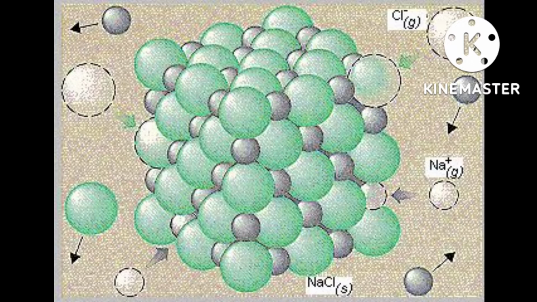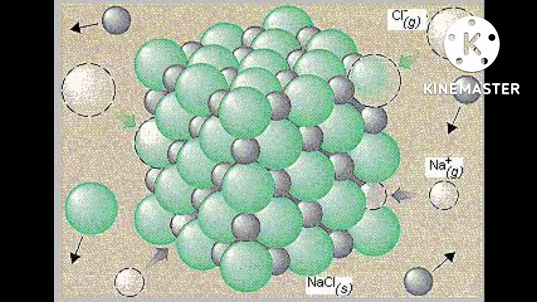Then suppose you put these in solution, the salt dissolved in water. In water it will be in the form of A plus and B minus, and it will be solvated, meaning hydrated.